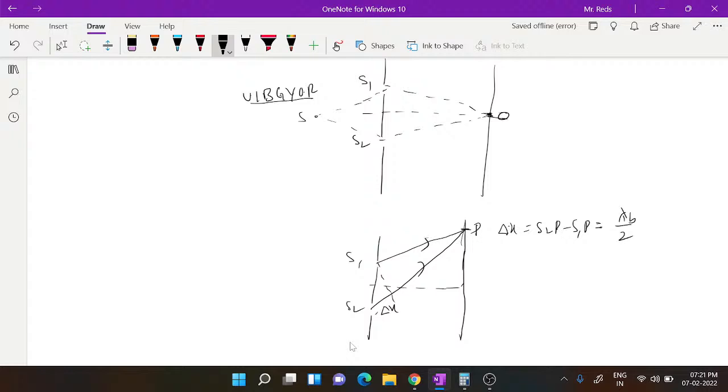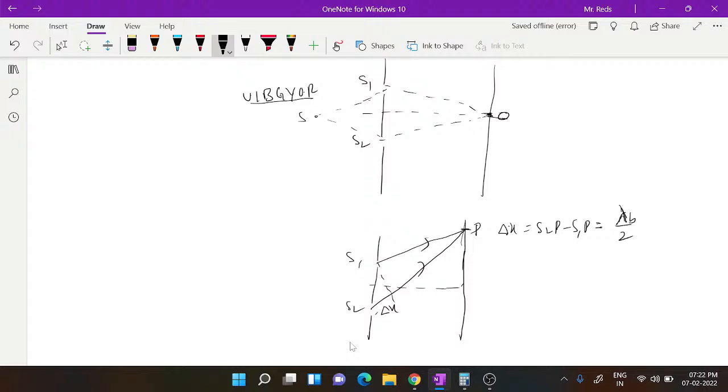When the path difference is lambda by 2, this belongs to destructive interference. The light belonging to this wavelength will disappear in the destructive interference.